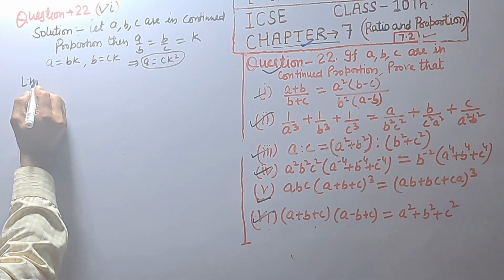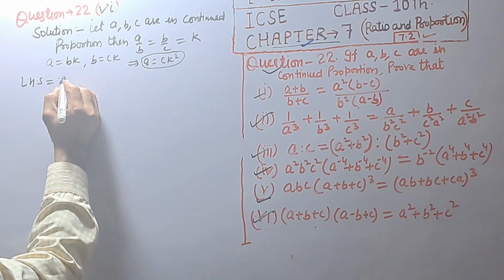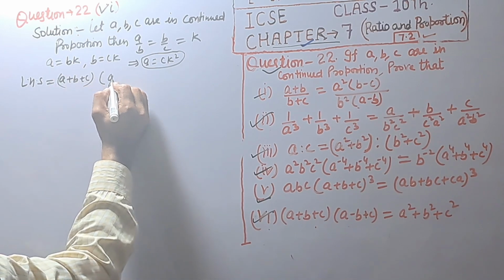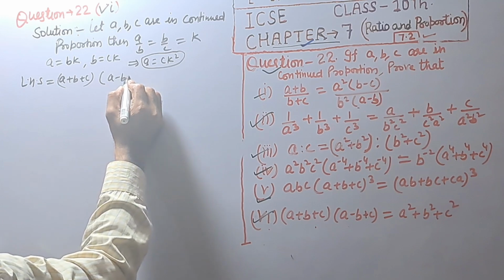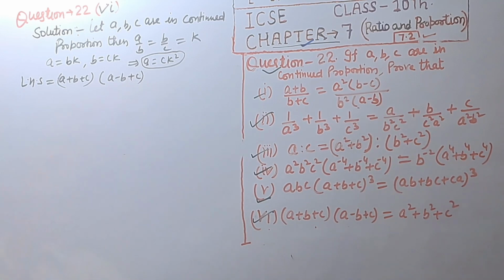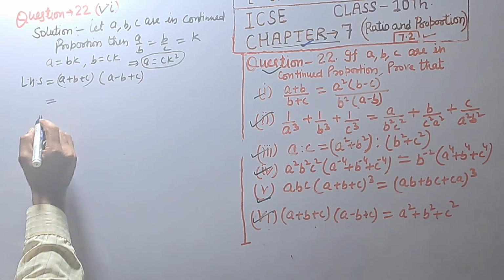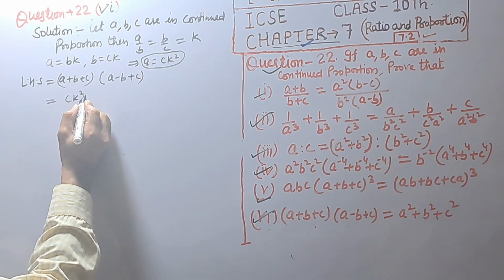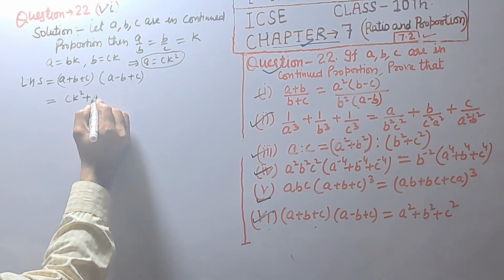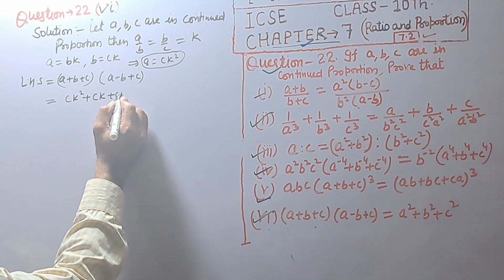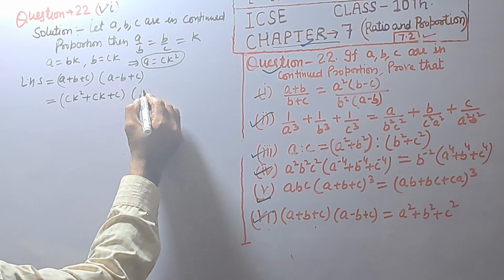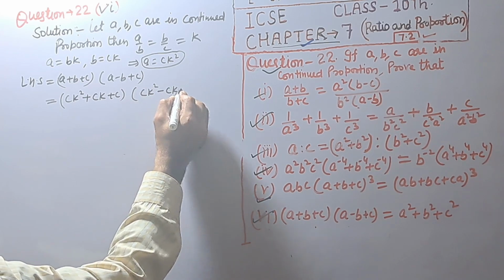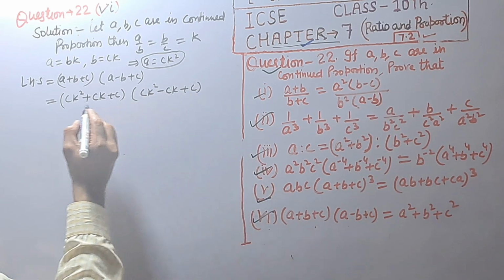Left hand side equal to a plus b plus c into a minus b plus c, that is equal to a is equal to ck square plus b is equal to ck plus c, and ck square minus ck plus c.